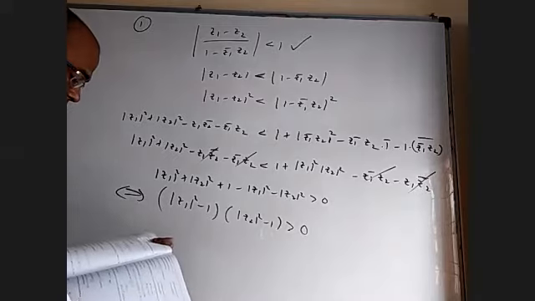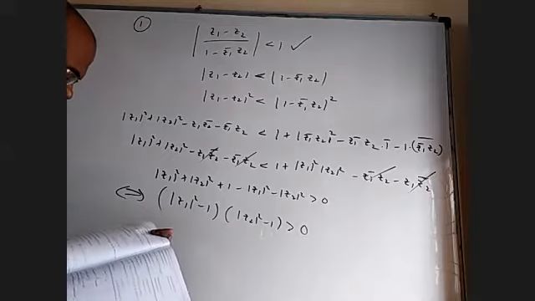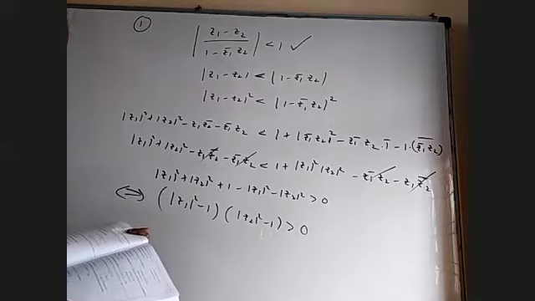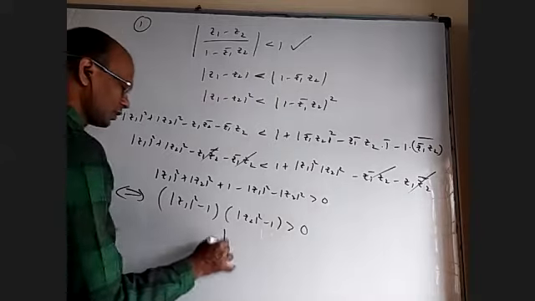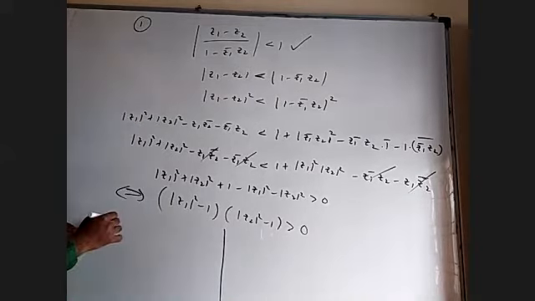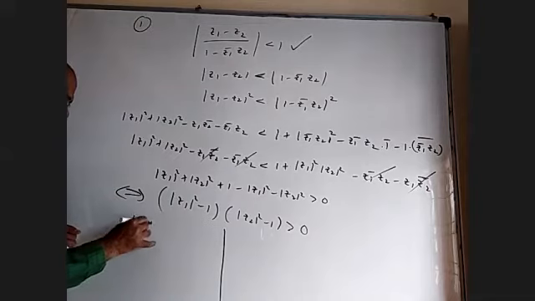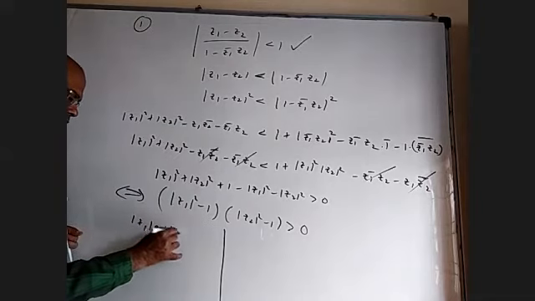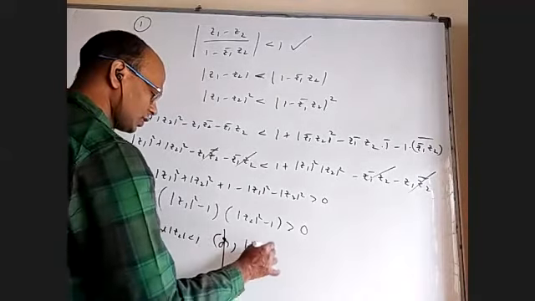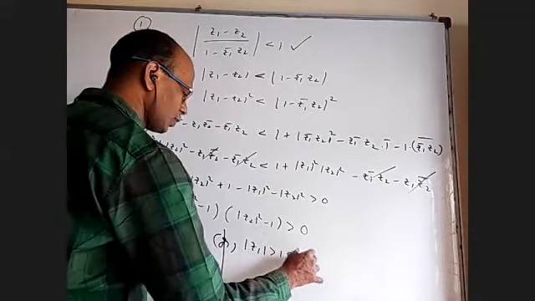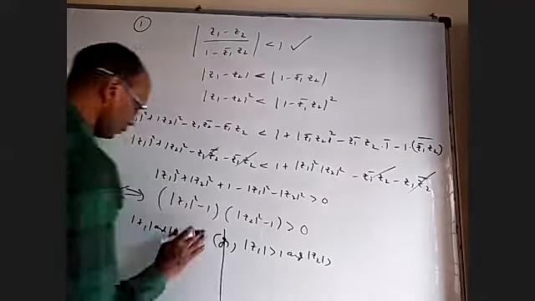Okay. But regarding D, we cannot say both must be less than 1 because both can be more than 1 also. Okay. So we will get here that mod Z1 and mod Z2 both less than 1, or mod Z1 greater than 1 and mod Z2 greater than 1.